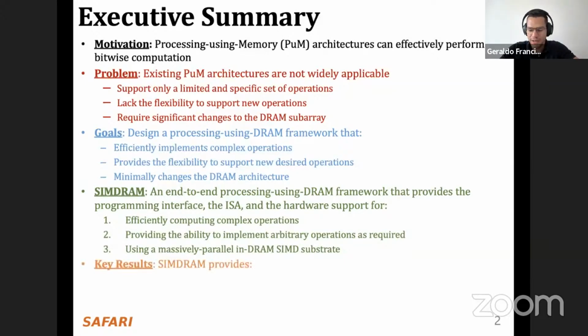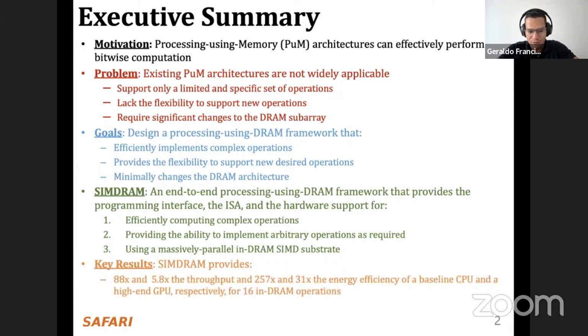We extensively evaluate SIMDRAM, and we see that it provides on average 88 times and 5.8 times the throughput of a baseline CPU and a high-end GPU, and also 257 times and 31 times the energy efficiency of the CPU and the high-end GPU, respectively, for 16 in-DRAM operations.